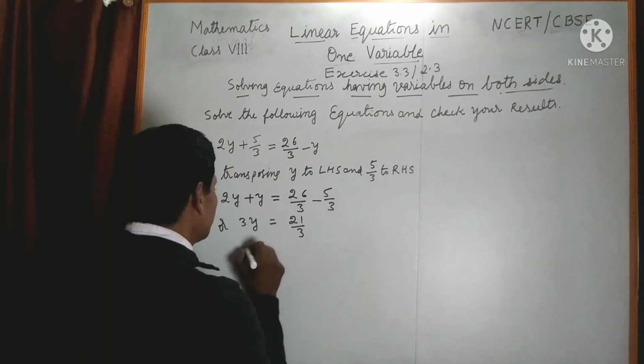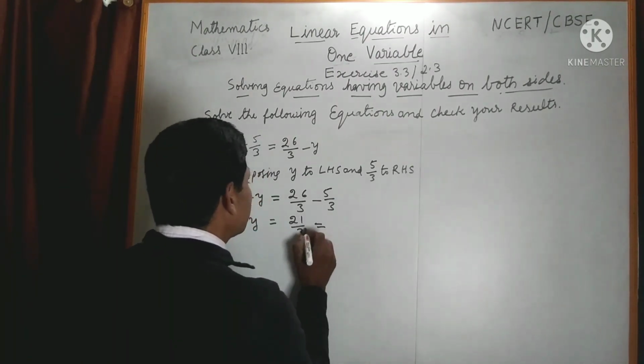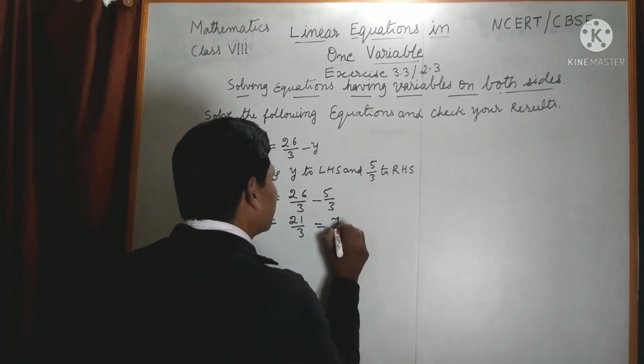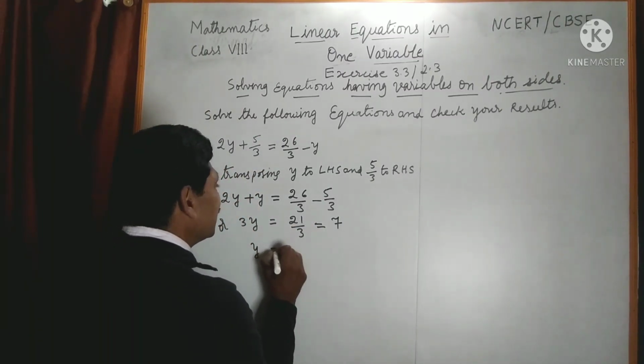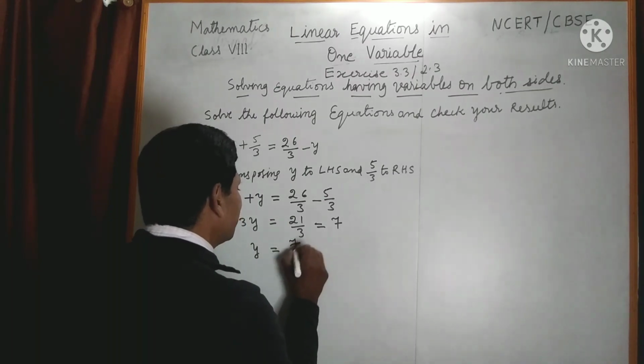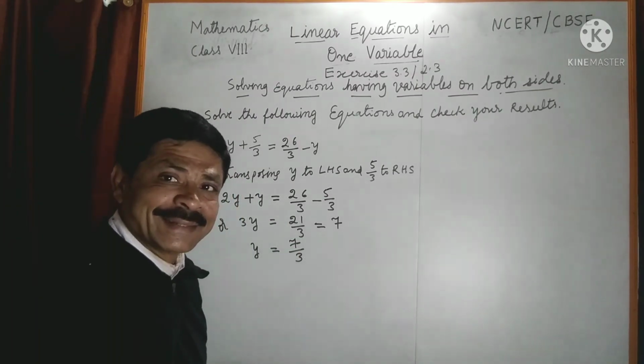This is equal to, 3 ones are 3, 3 sevens are 21, or y is equal to 7 by 3.